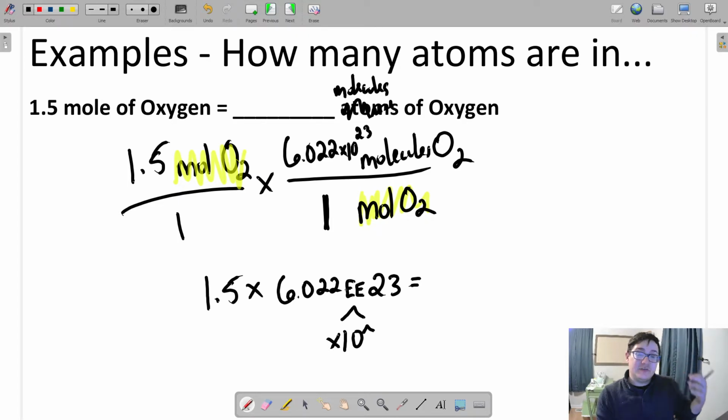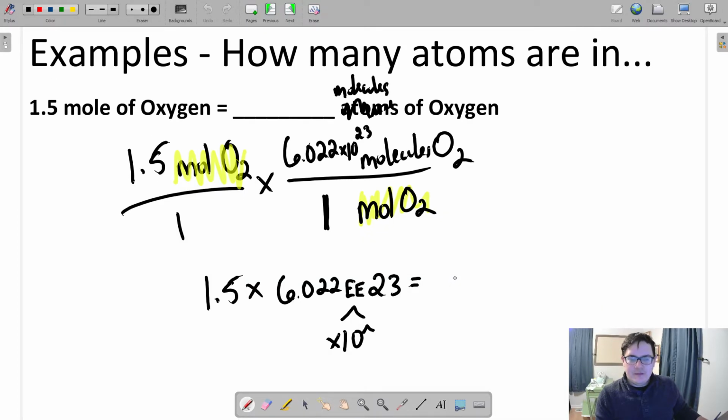So this is the nice little shortcut. You don't have to type out all those characters. So I'm going to do 1.5 times 6.022 EE, but it also pops up in my calculator as just E, but this is called the EE button, 23.